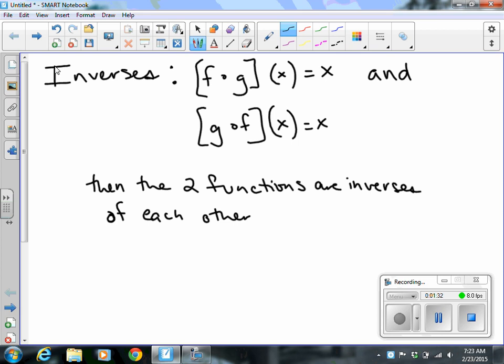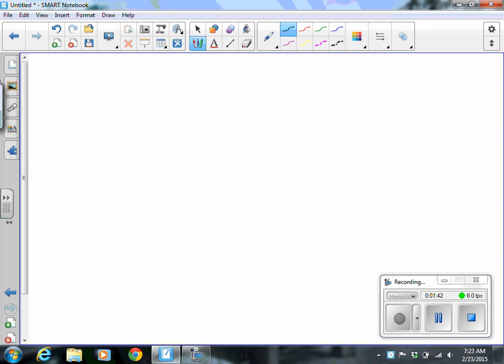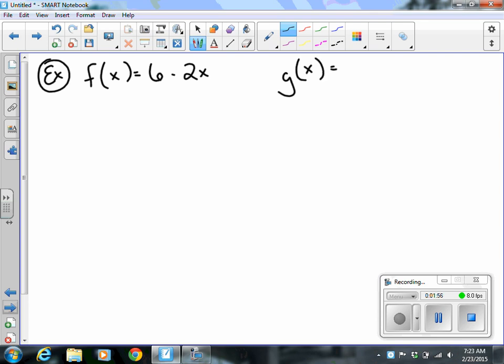Okay, so we're going to look at this a little bit and determine whether or not we actually have two functions that are inverses. And this is a good review anyway, because we just did compositions.